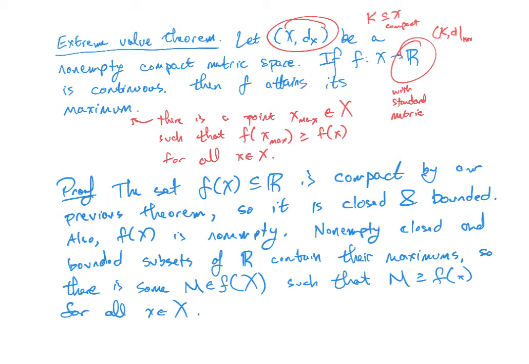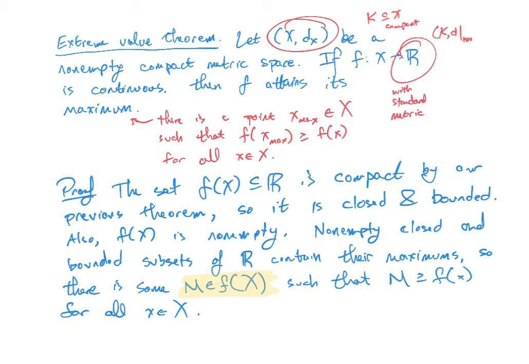Okay, now, that's not quite what we want. What we've written there is really just an upper bound on the range. Where do we get that this value is actually attained? The preimage of M is in X. Well, by definition, it's in f of x, so it has to be.